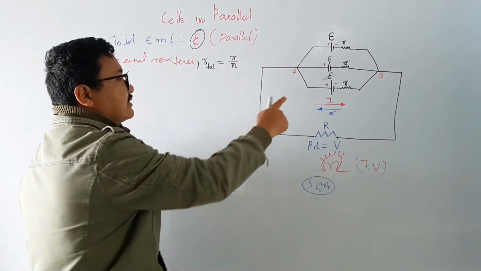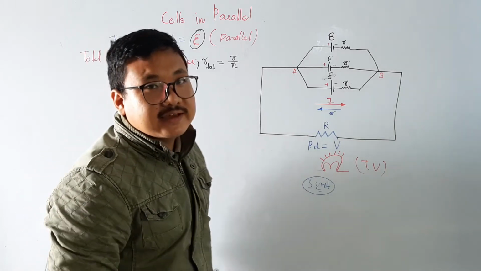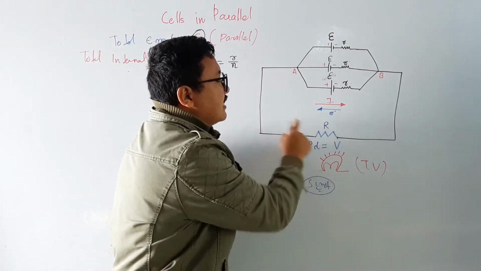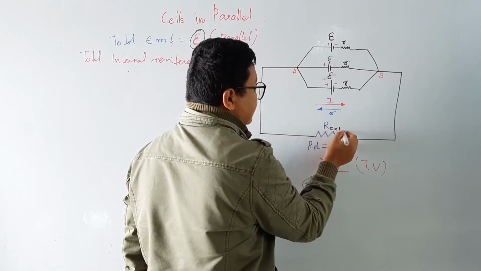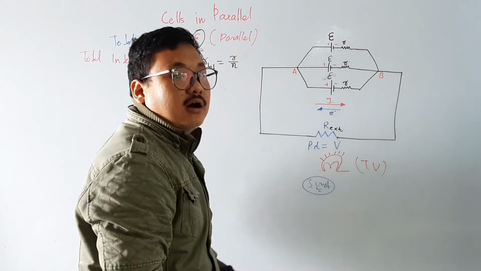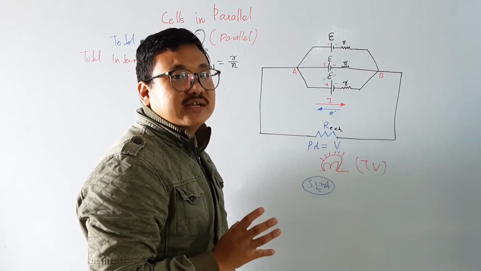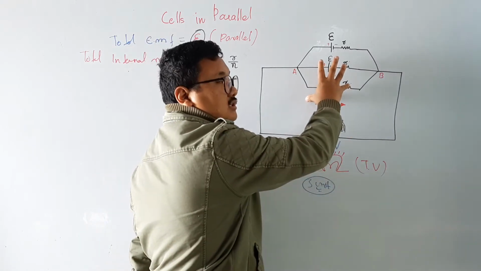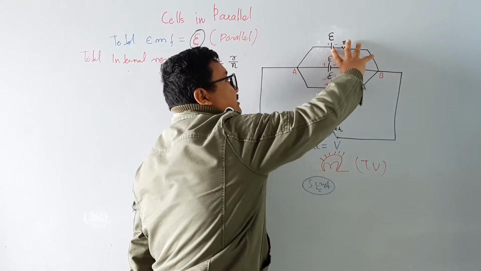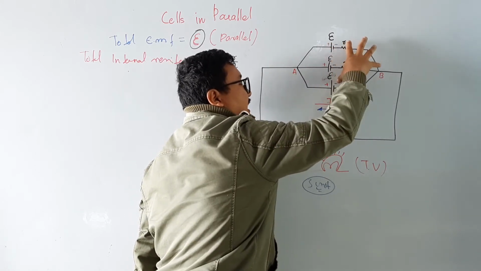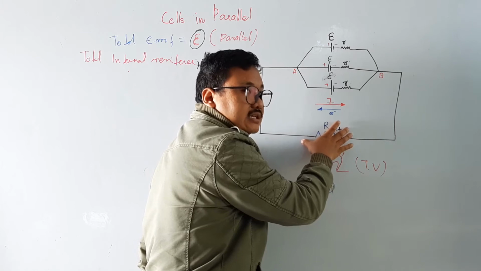Now if we see here, there is one more external resistance. So this is my external resistance, R EXT. And how much will be the total resistance of the system? I have to take this internal resistance and this external resistance.